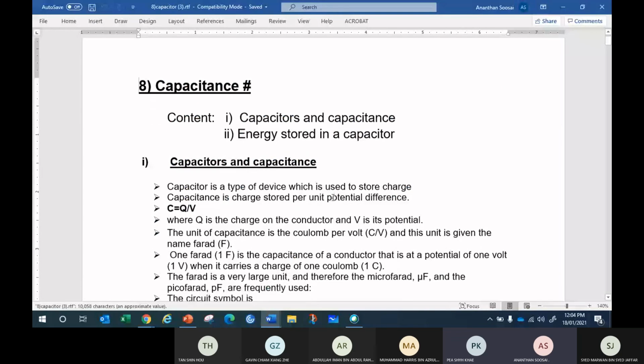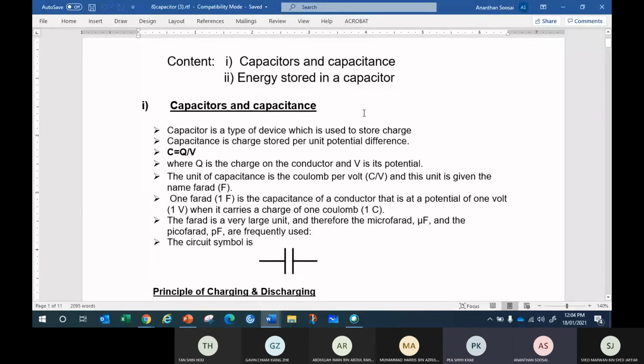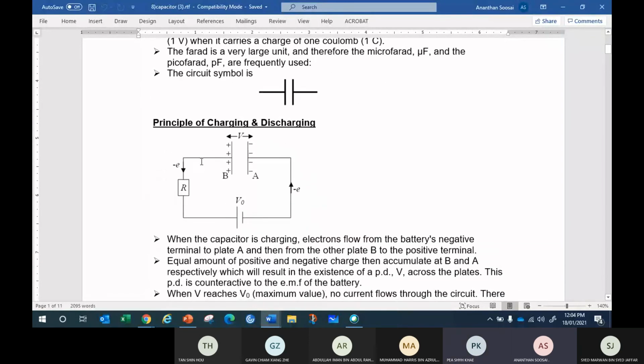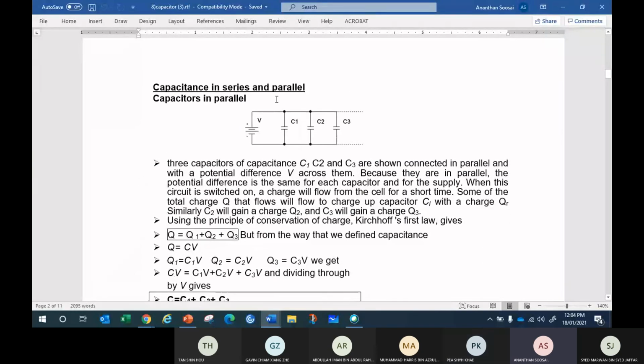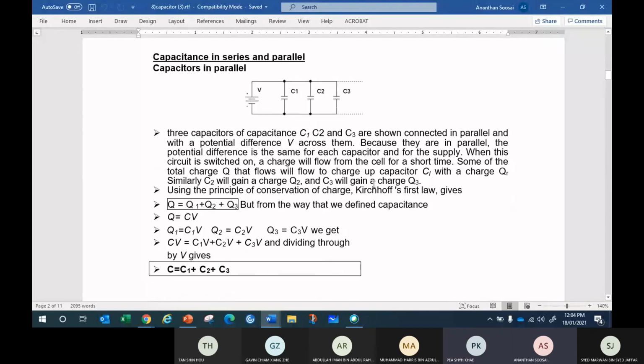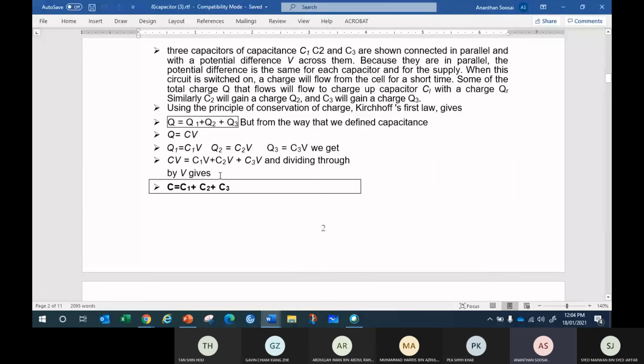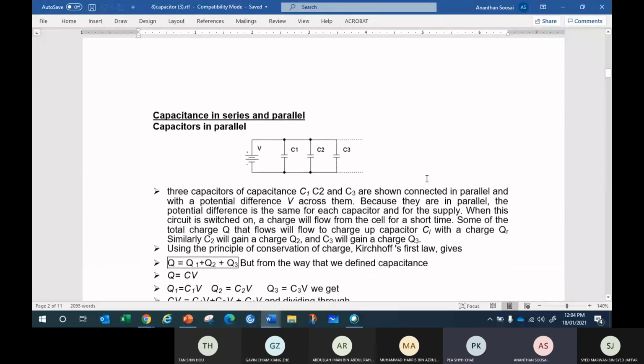Okay, so about capacitance, we talked about the initial part, 70% of the topic done. We covered what is meant by capacitance, the symbol, how charging and discharging happens, and some questions. Then recently we talked about capacitors connected in series and parallel, and how the total capacitance arranges itself.